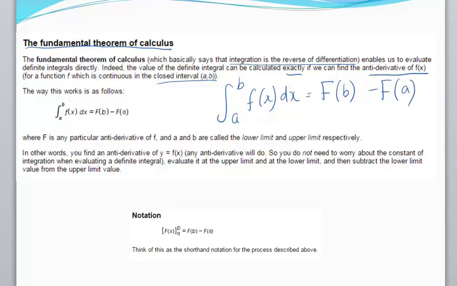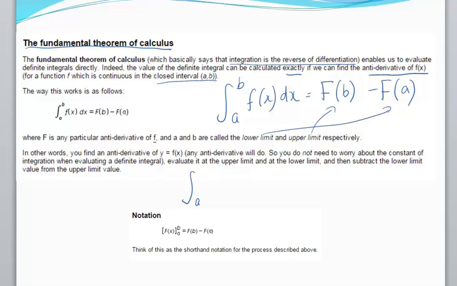So F is any particular antiderivative of f, and a and b are our lower limit and upper limit. It's always going to be bigger minus smaller, or however we look at it. We can also write our notation here.